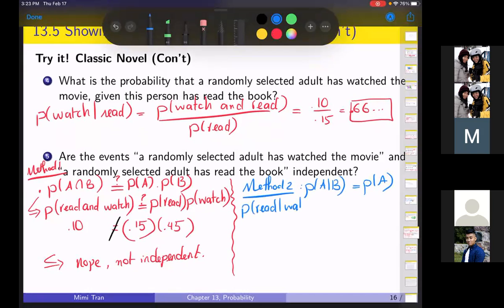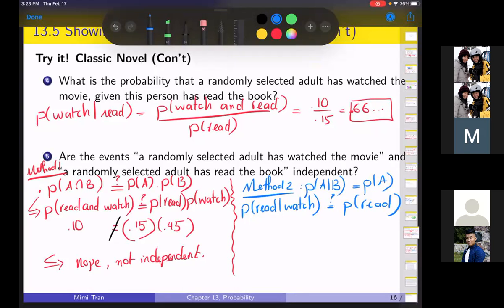Some people ask, can I do watch given read? Yes, you can. So if you start with P of read given watch, then on the right hand side it should be what? P of read, right? If you start with P of watch given read, then on the right hand side is P of watch. Okay, so it depends.